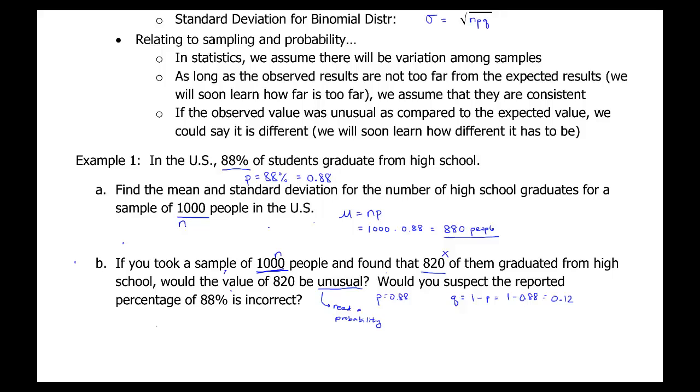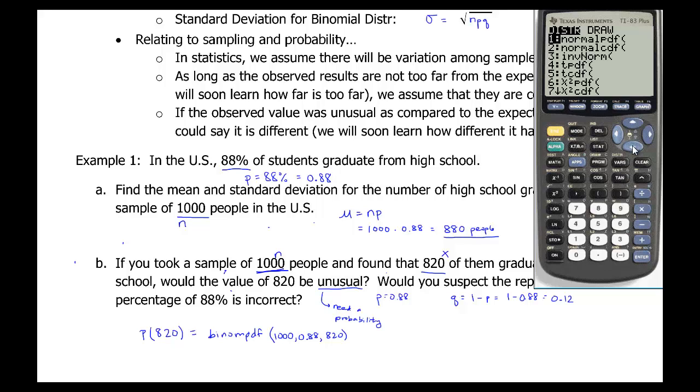Or we can just use our calculator. So the probability of x being 820 is, using our binomial PDF function, n is 1,000, p is 0.88, and x is 820.